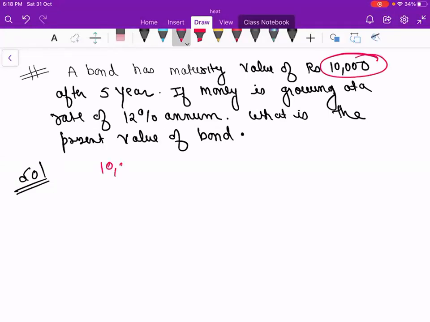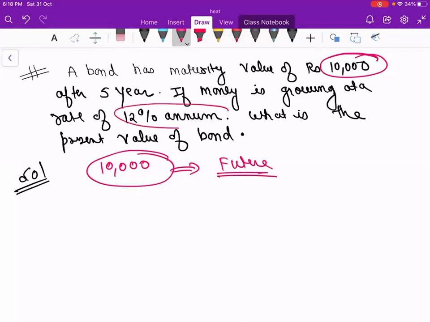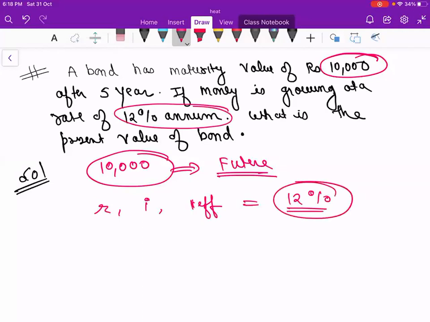This 10,000 is a maturity, so this is a future value, the F value. If money is growing at a rate of 12% per annum, what is given? R, I, or nominal rate, or you can say I effective, as it is given per annum. So all values are the same, 12%.